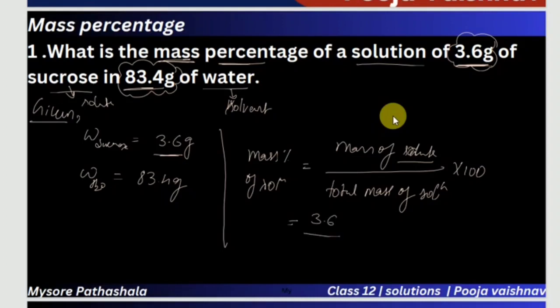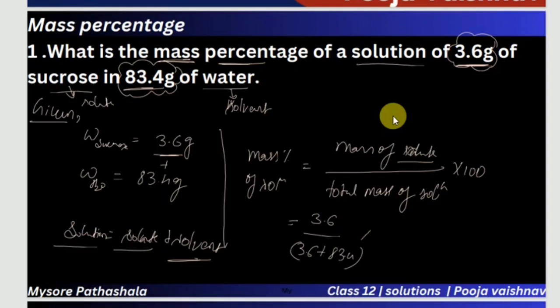We have to add both, because a solution is a mixture of solute and solvent. So to find the mass of solution, I add the mass of solute and the mass of solvent, 3.6 plus 83.4. If I add this and multiply by 100, I'm going to get the answer for this particular question.